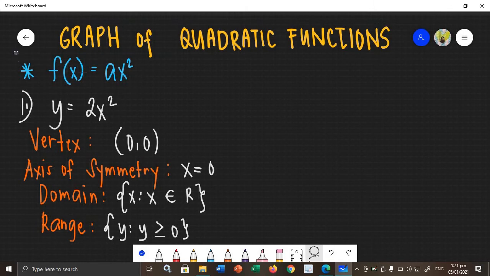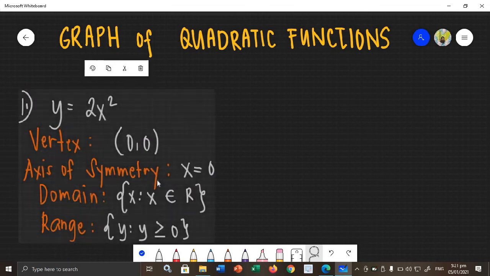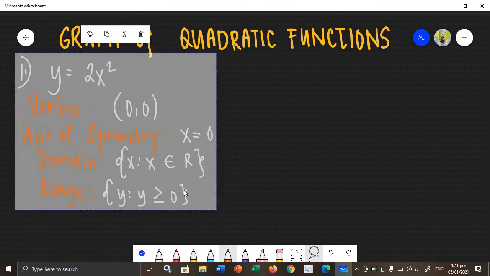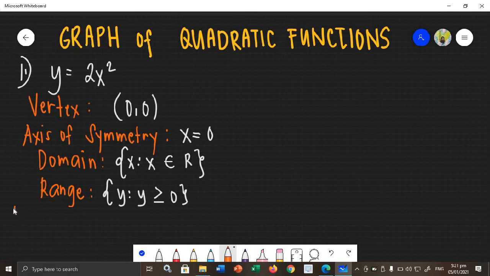Okay, erase ko na lang to kasi we will write the direction of parabola here para makompleto yung characteristics ng function.